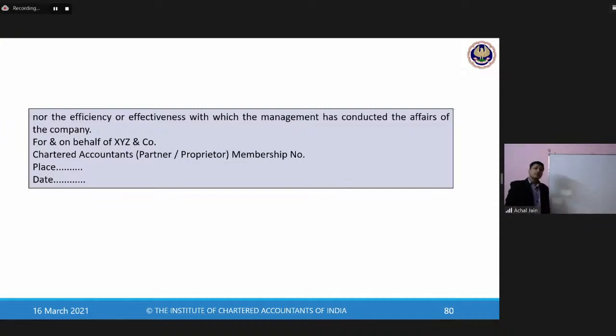Even though this has already been captured by the management, signed off by the compliance officer, and the board of directors would also be taking care of it, because eventually it is the responsibility of the board of directors to ensure all such compliances, the auditor will also be required to review this aspect.